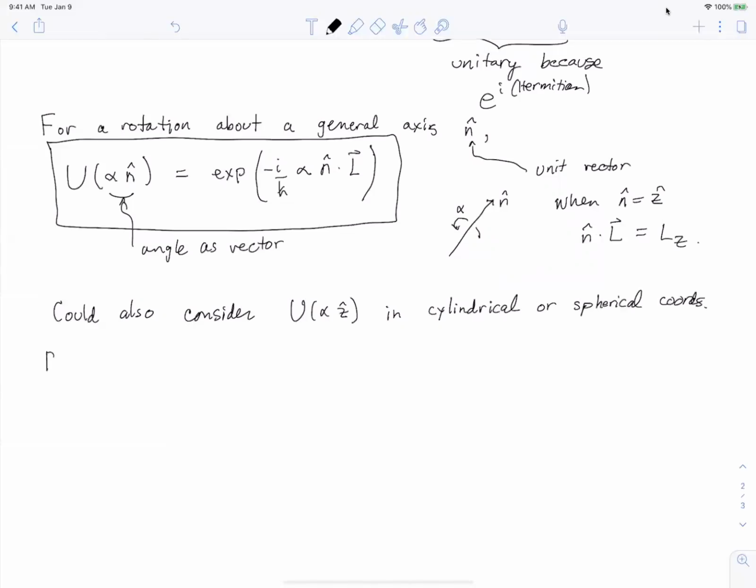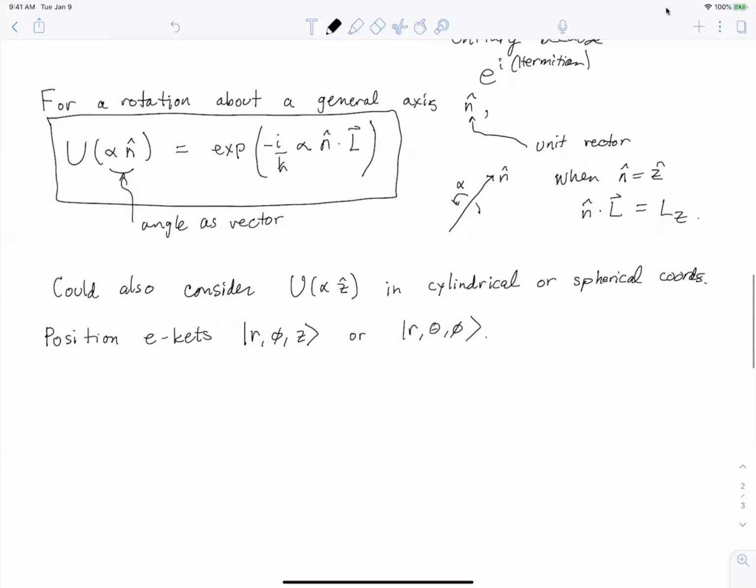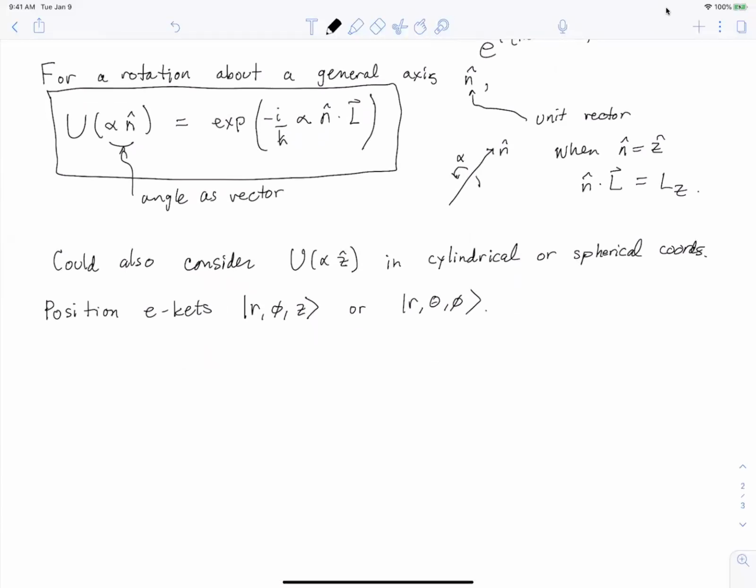The way we would do that is we'd write down position eigenkets, but instead of calling them x, y, z, we would call them r, phi, z if we're using cylindrical coordinates, or r, theta, phi if we're using spherical coordinates. For what I'm about to do, it doesn't matter which one we use, because in either case the relevant coordinate is going to be just phi. So to be specific, let's use spherical coordinates.